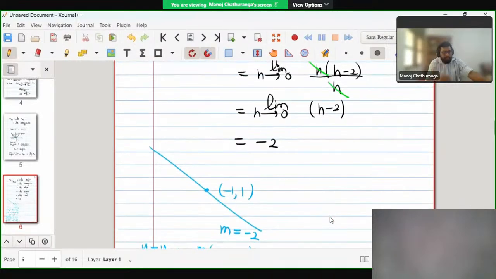We use dy over dx, difference of y coordinates divided by difference of x coordinates, evaluated at -1.